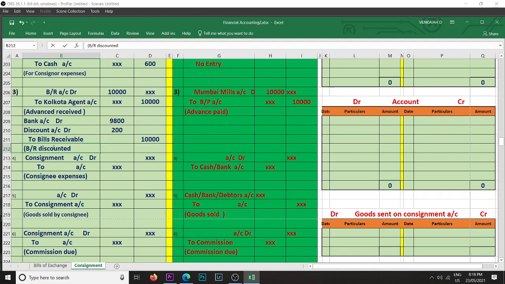Okay. So next, from the statement we have to understand that commission is 700 and consignee expenses are 570 plus 98, that is 668. Consignee expenses are 668. Consignee expenses entry: consignment account debit to Kolkata agent.